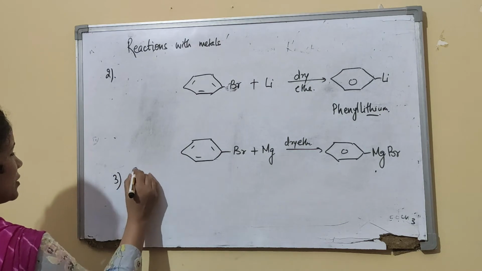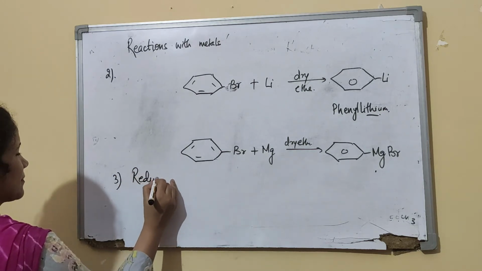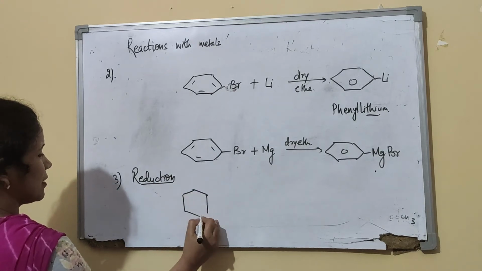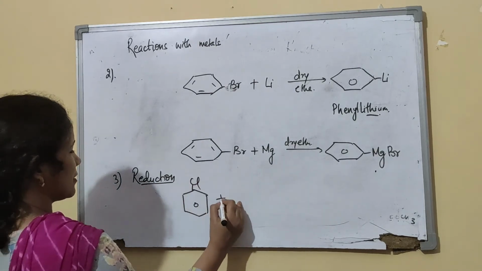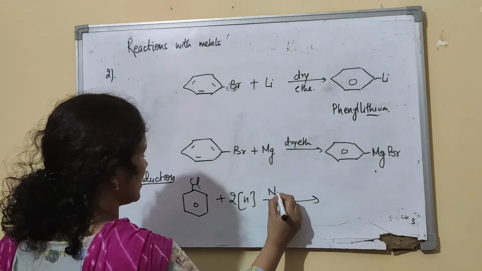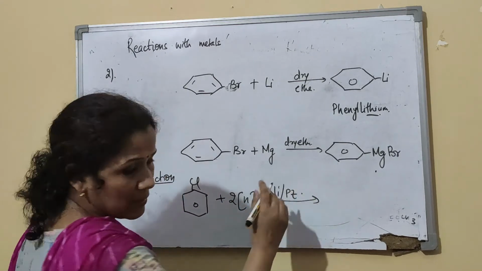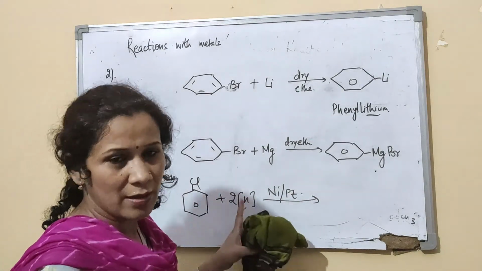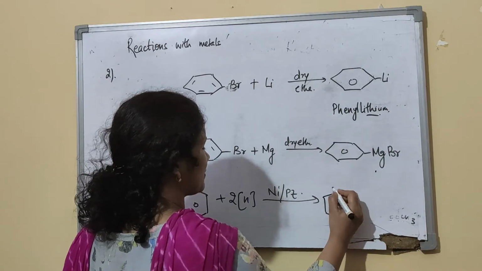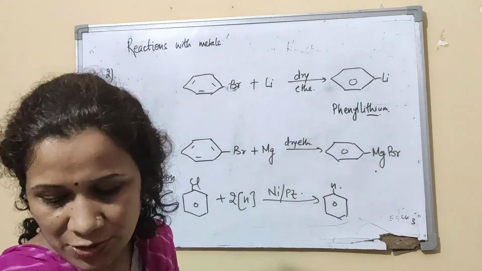So all the reactions, then we will move on to, you can also do the reduction. This is the third reaction, reduction. If you reduce chlorobenzene in presence of nascent hydrogen, if you take nickel platinum alloy, so you can get an alkane. That's reduction.